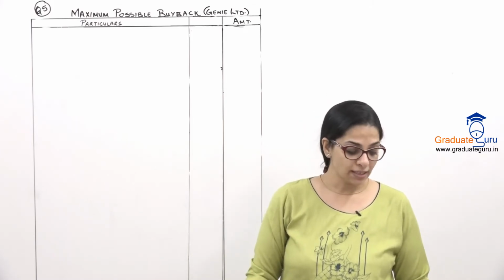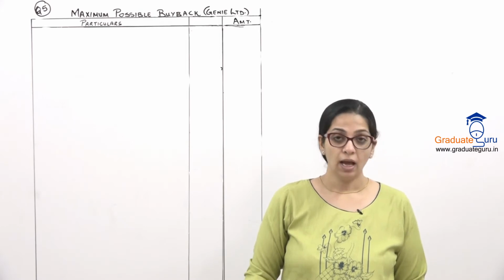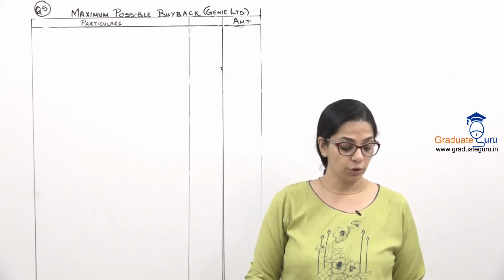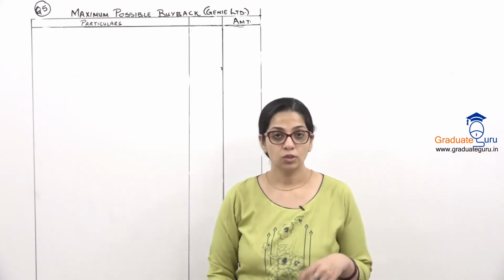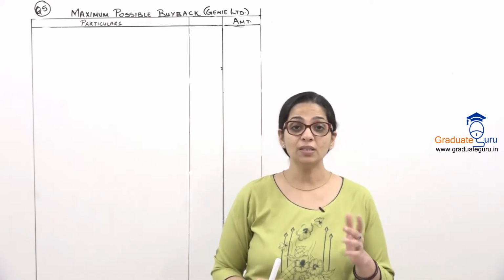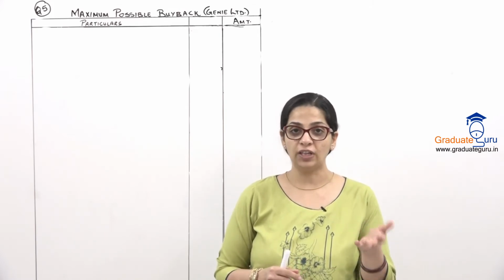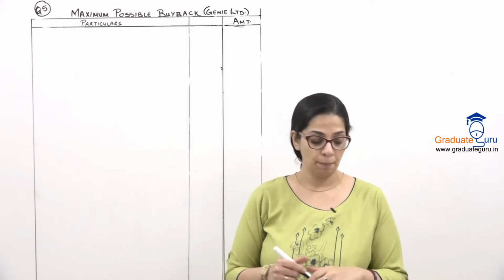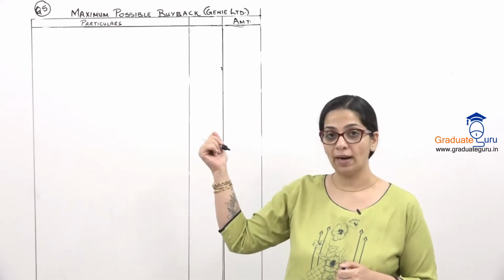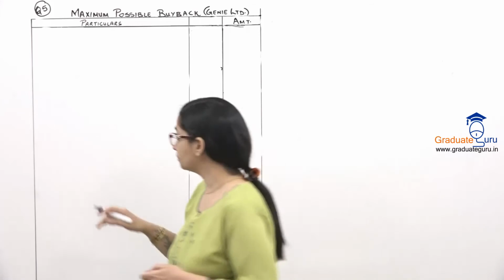Ascertain the maximum number of shares that the company can buy back at a price of rupees 25 each. So that is my offer price, 25. The shares are of rupees 10 each. Okay, so that means we want to give them premium of 15. 25 minus 10.